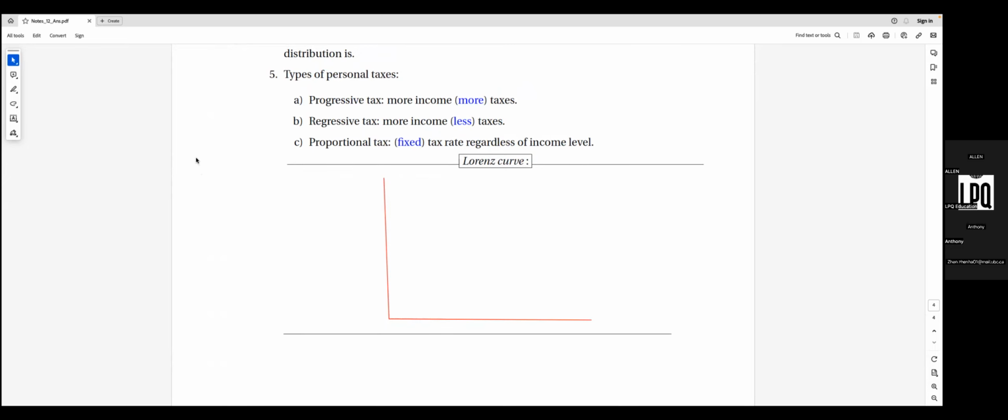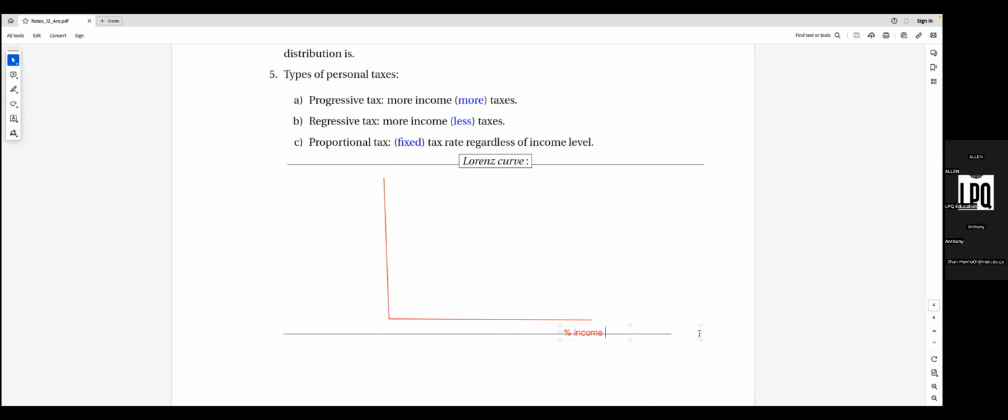So first step, we build a coordinate system. On your horizontal line, we rank every family, every Canadian household, based on their income level.